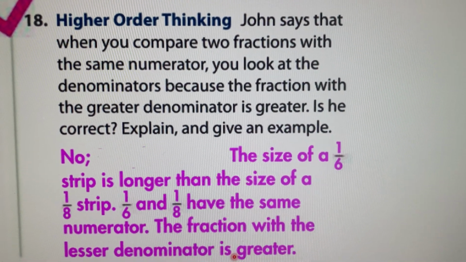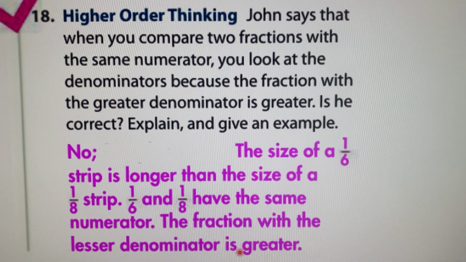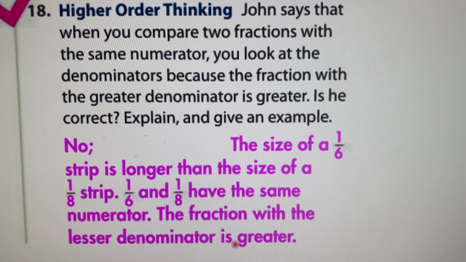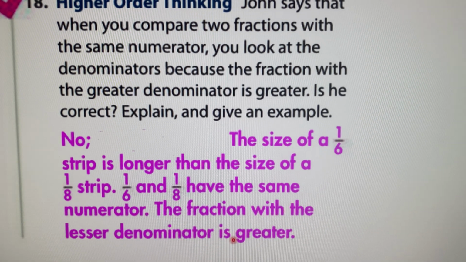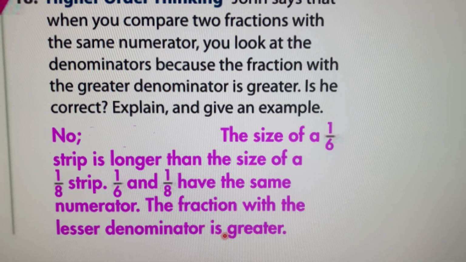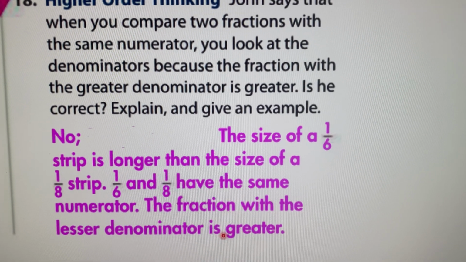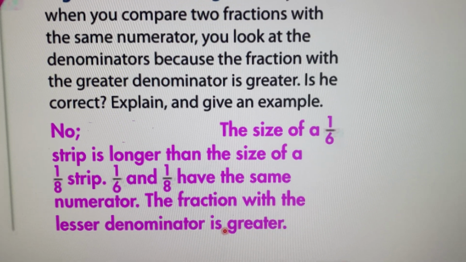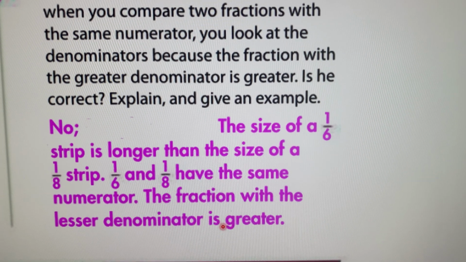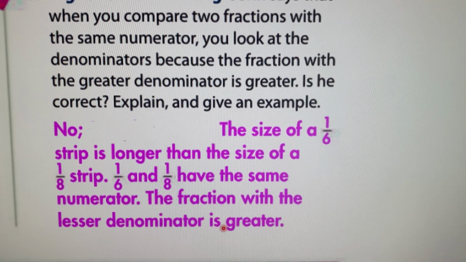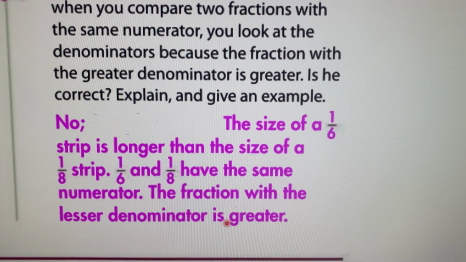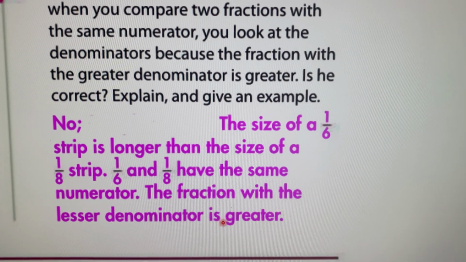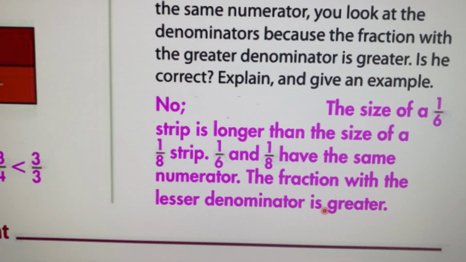John says that when you compare two fractions with the same numerator, you look at the denominators because the fraction with the greater denominator is greater. Is that right? No, I told you the fraction with the greater denominator is less.